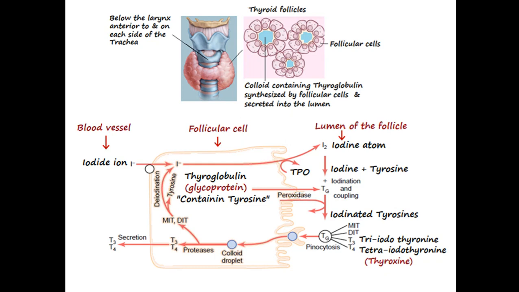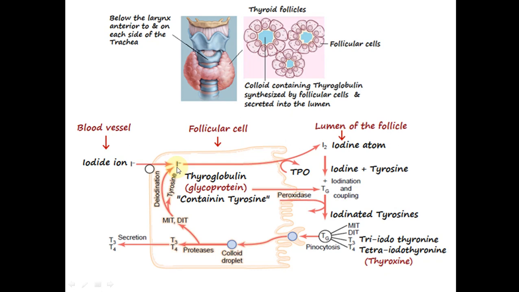Now, for the synthesis of thyroid hormones, the thyroid gland needs iodine. Mostly the iodine is in the iodide form, in its ionic form, and in its ionic form or iodide ion, it is taken up by the follicular cell.